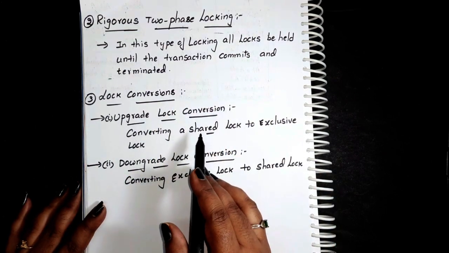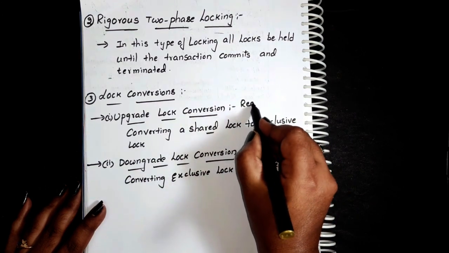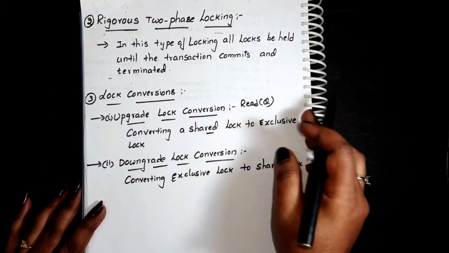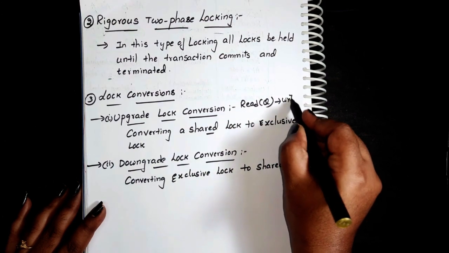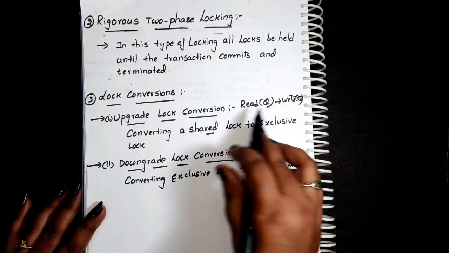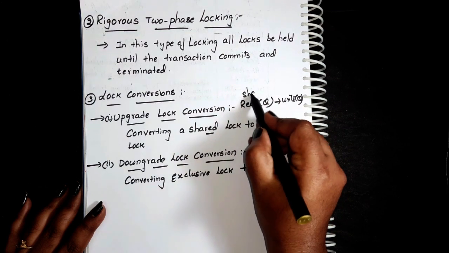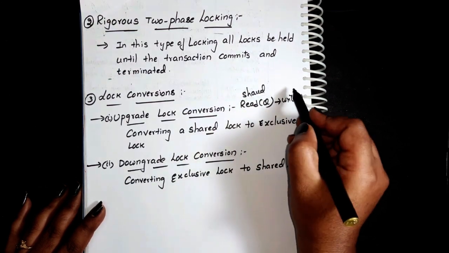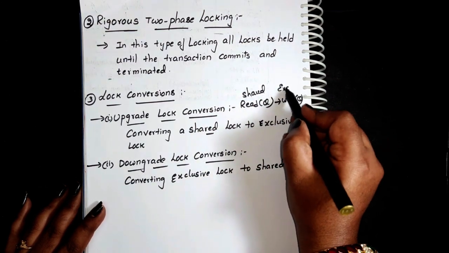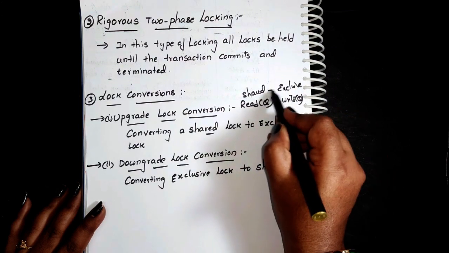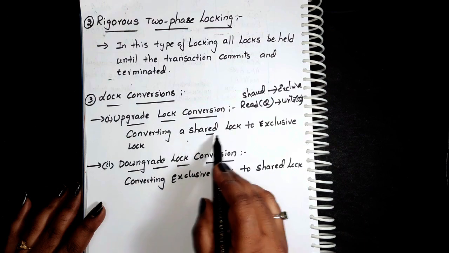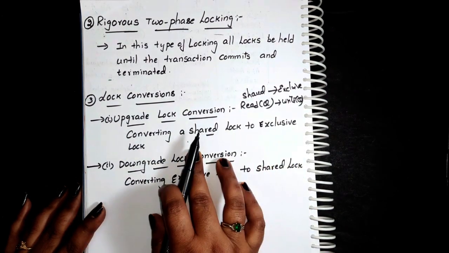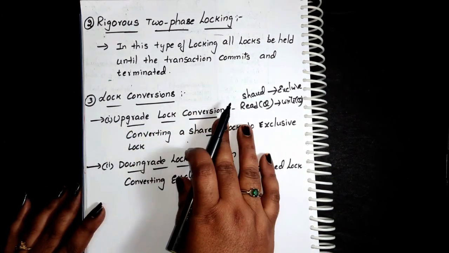For example, if you place a read lock on a particular data item Q, and then you execute a write operation, you can convert it into write Q. So if it is executing read, you place a shared lock. If it is a write operation, you convert it into an exclusive lock. So you can upgrade the shared lock to an exclusive lock, and this is what we call upgrading lock conversion.